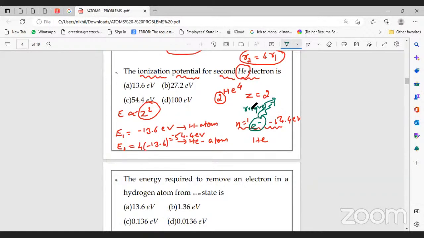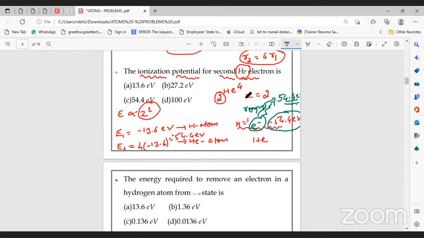This amount of energy we require. So to remove the electron from the helium atom, you require an energy of 54.4 electron volt.